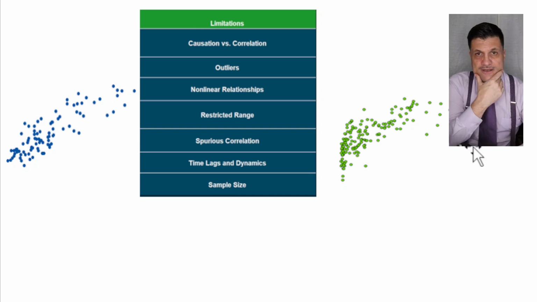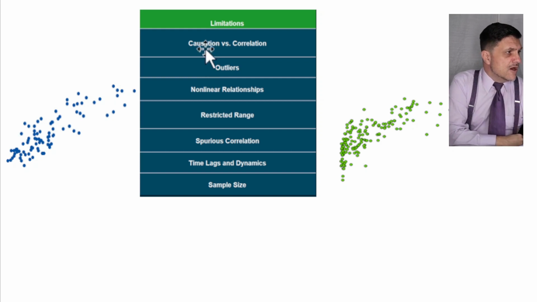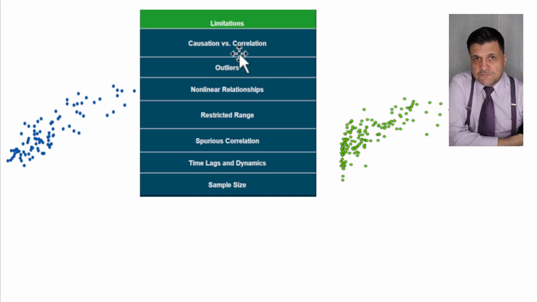Same deal here. For correlation to be meaningful, it cannot have these types of limitations. First, causation is not correlation. If every day that it's raining the stock market goes down, it doesn't mean that because it's raining, the stock market is going down, right?